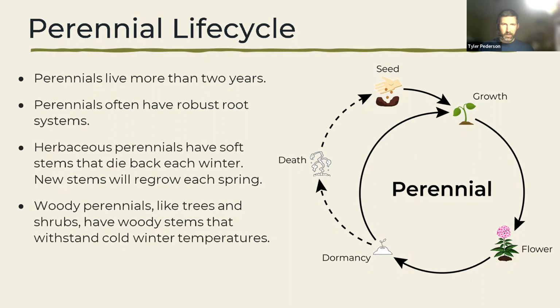And you can see there in the diagram at the right, the perennials are just continually going through the growth, seeding, dying back, seeding again. That happens over more than 2 years. So these plants are more robust and they can take longer to control.